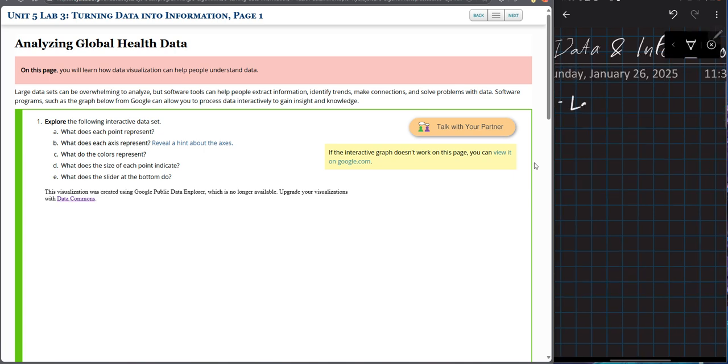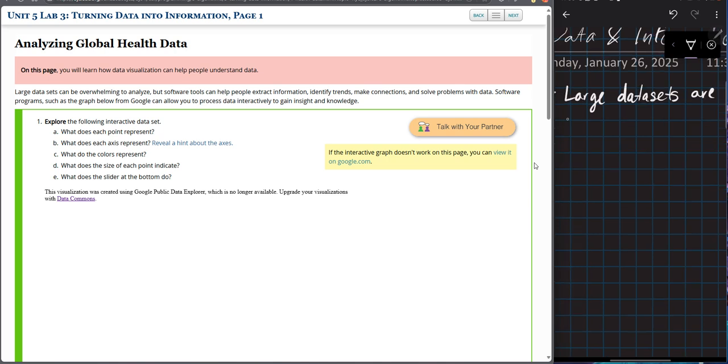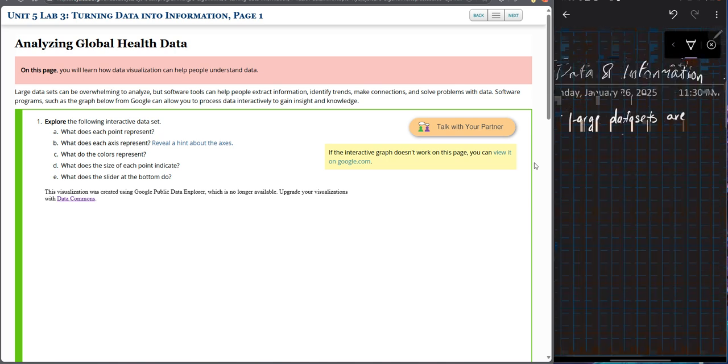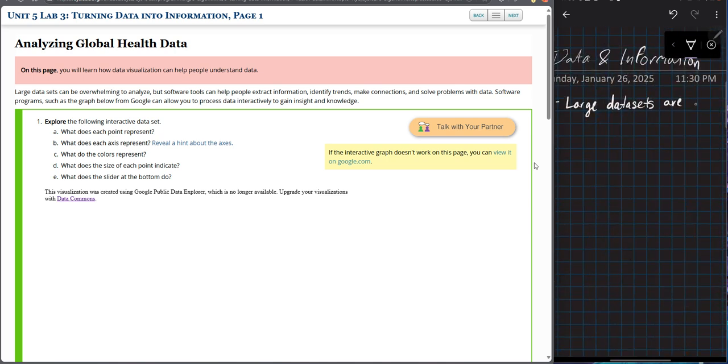You can write that large data sets are difficult to analyze. That's something that you need to kind of get in your head. If you have a lot of information, it gets harder to analyze.